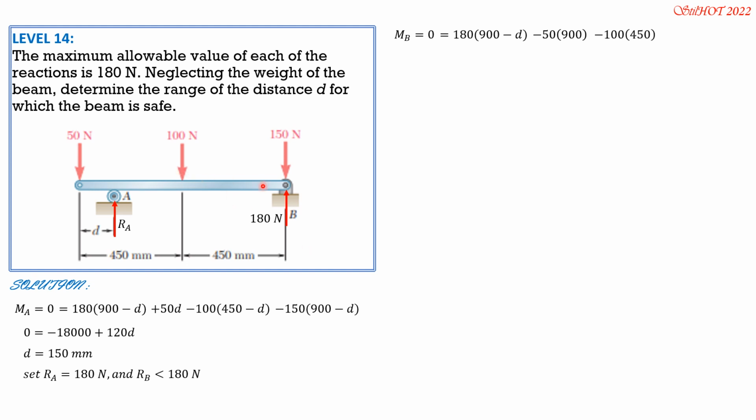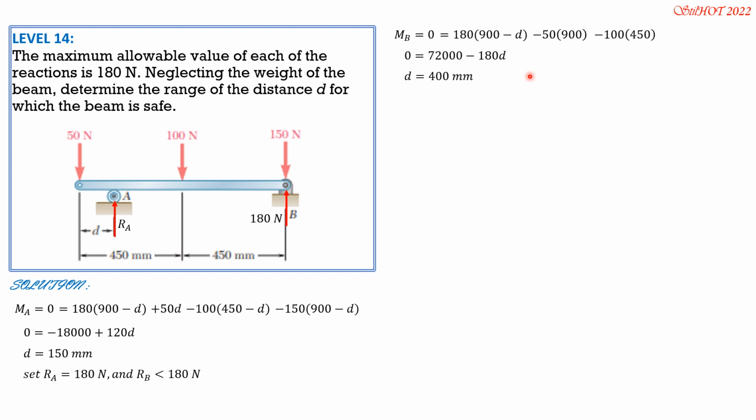So that would only be the equation because the moment arm of 150 is 0. So 180 times 900 minus 50 times 900 minus 100 times 450 is 72,000 and minus 180D.